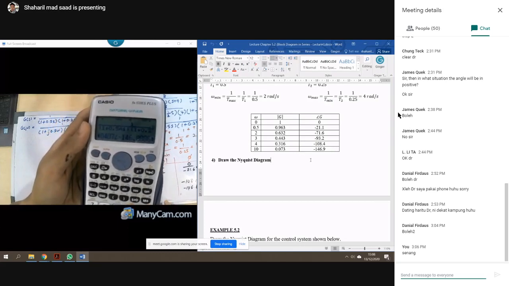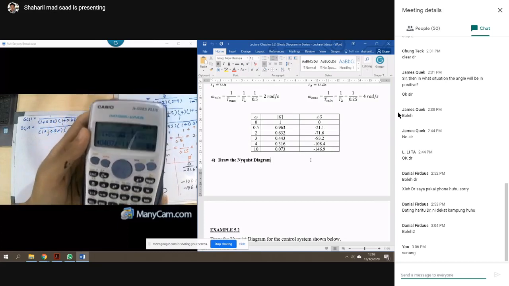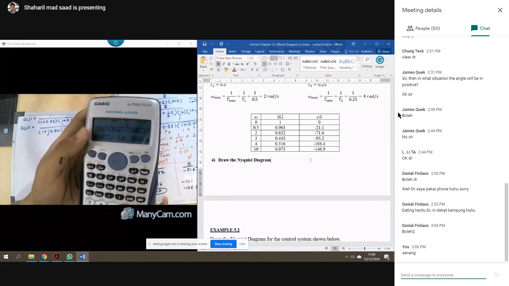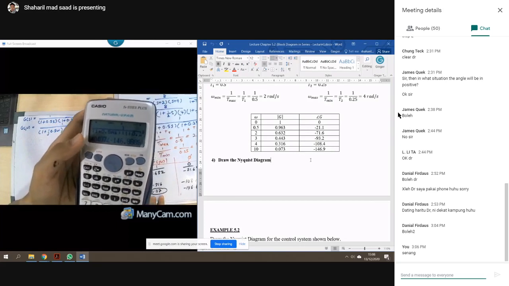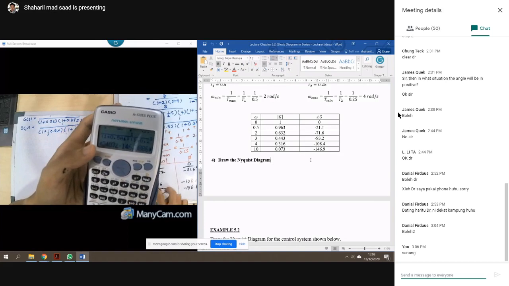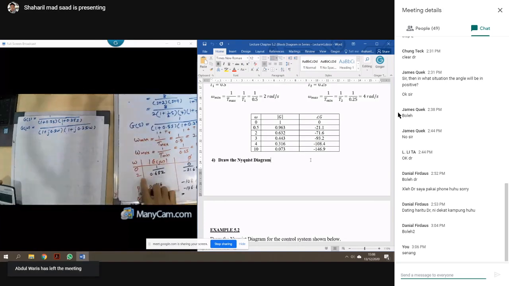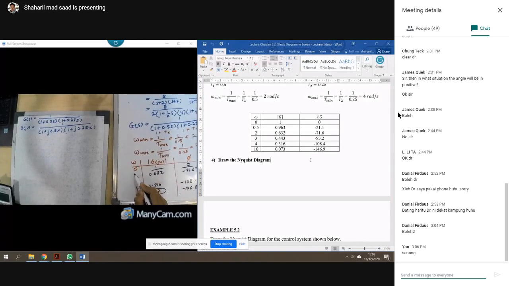This is 10. So you will see that the gain is almost going to 0, right? So I think it is enough for us that we can get all the data. So in order to draw smoothly, you can add another value. For example, between 0 and 2, you can put 1, for example. 2 until 3, you can put 3, for example.